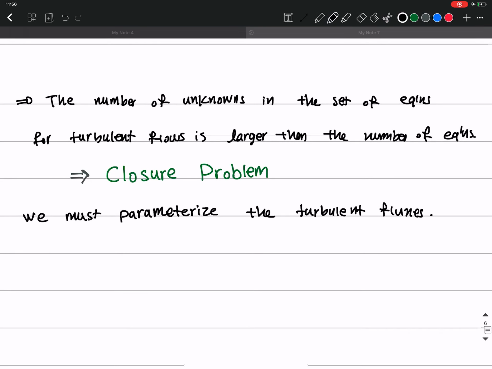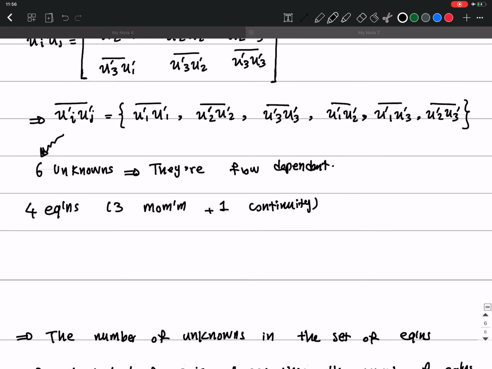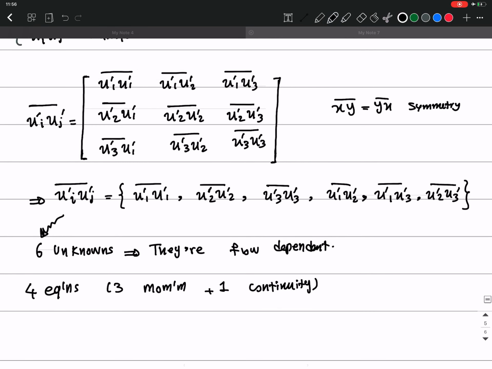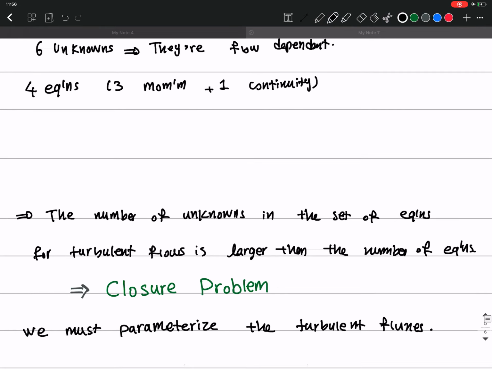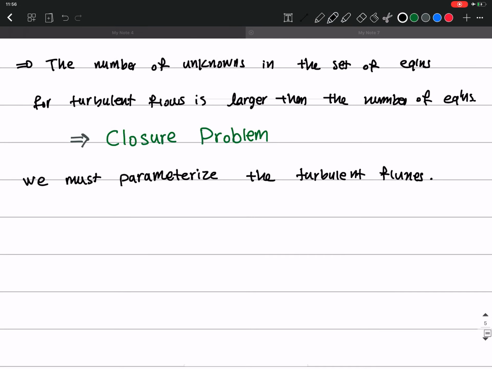So there are many different parameterizations for these Reynolds stresses, right? We can relate them to a lot of different types of flow parameters with different approximations and different models. Here, I'm only giving you one of the simplest ones and one of the most widely used parameterizations, which is known as first order local closure model, or K theory.